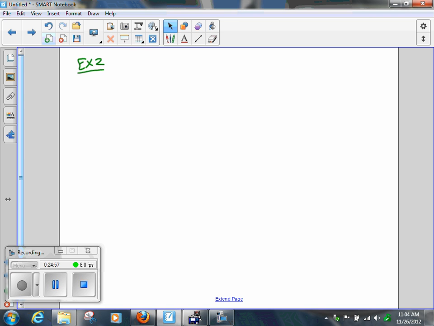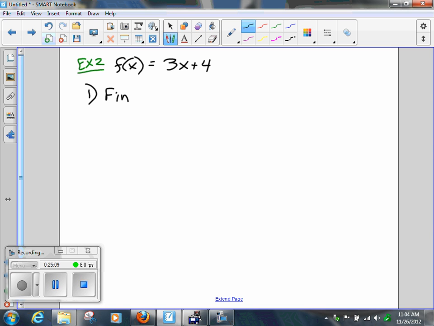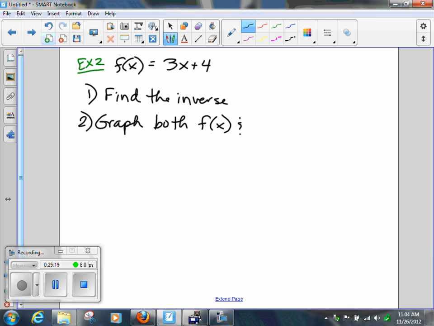Here's another one. What if I gave you f of x is equal to 3x plus 4. Find the inverse and graph both f of x and its inverse.